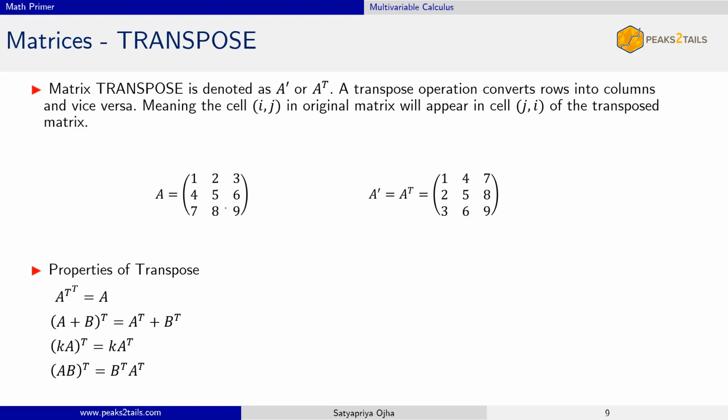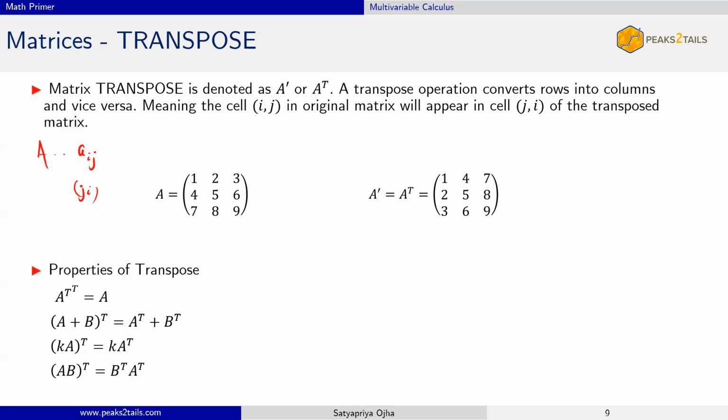Transpose. Yeah, the timing could not have been better. Transpose is a very useful operation. What it does is basically your rows become columns, columns become rows. That's all. So the Aij entry in the original matrix will appear in the ji position after transpose.